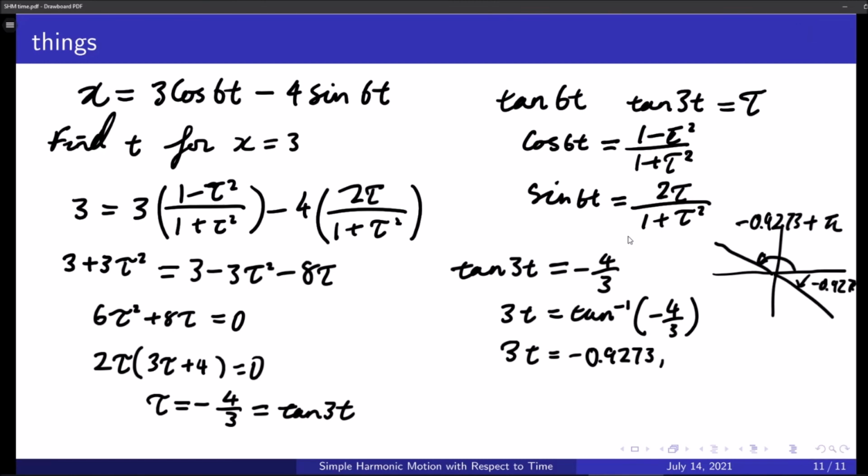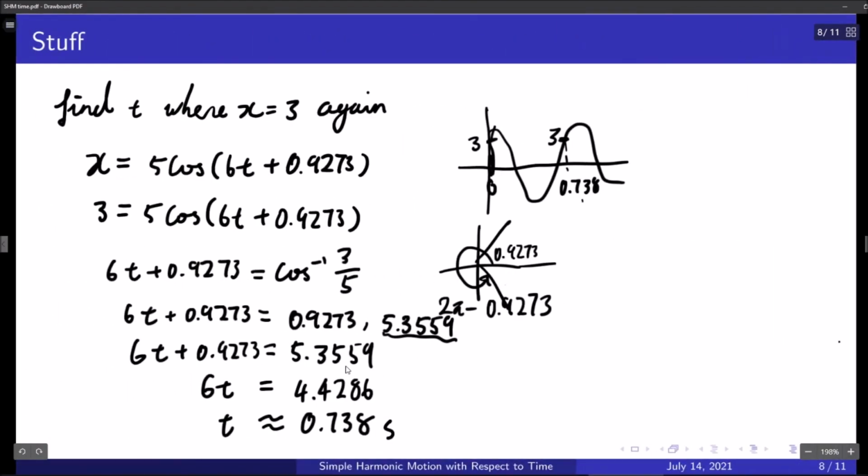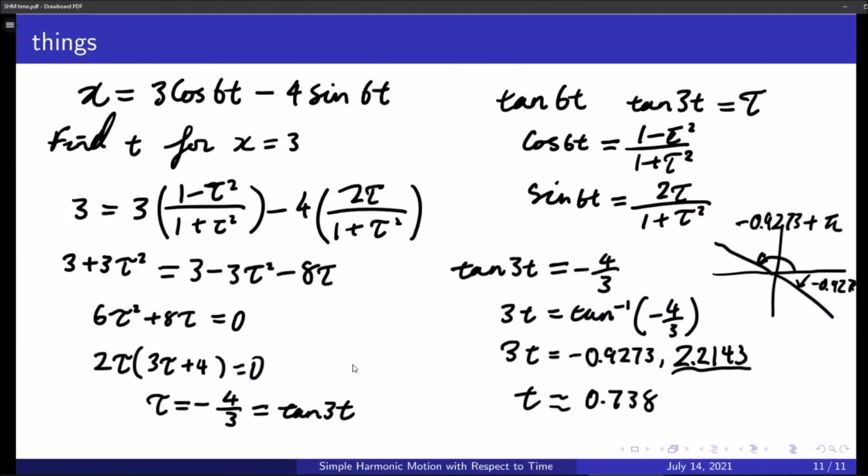So then that gives a value of 2.2143. Yeah, so this is what we want. And of course, divide both sides by 3, so t is approximately 0.738, which conveniently is the same as the previous one. And so there is that.